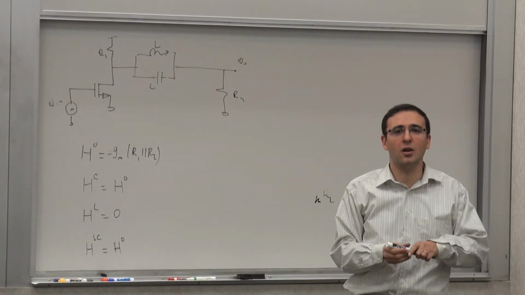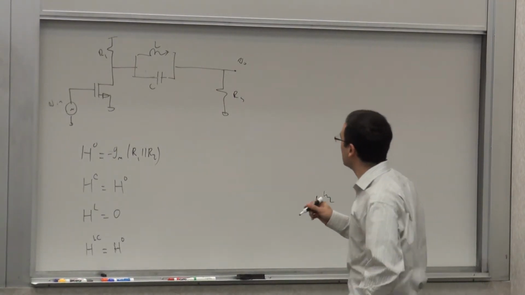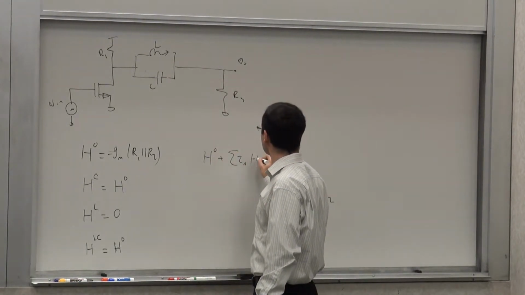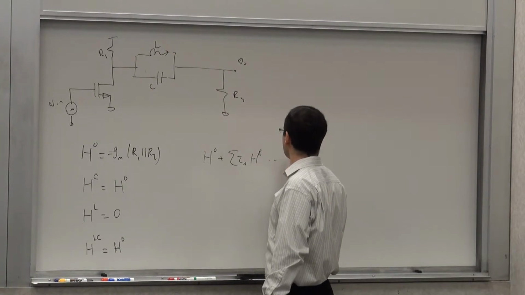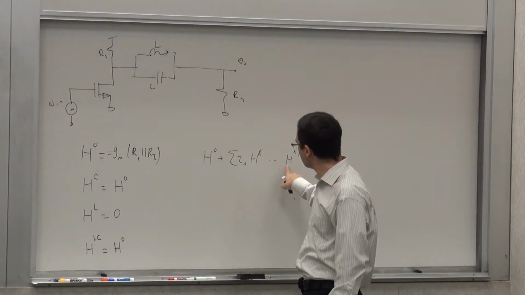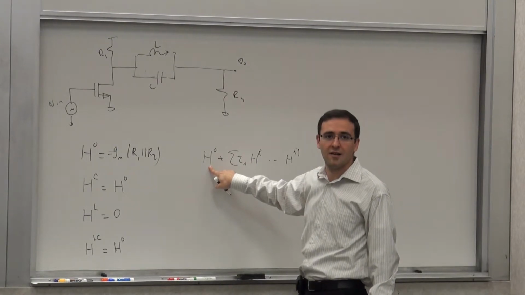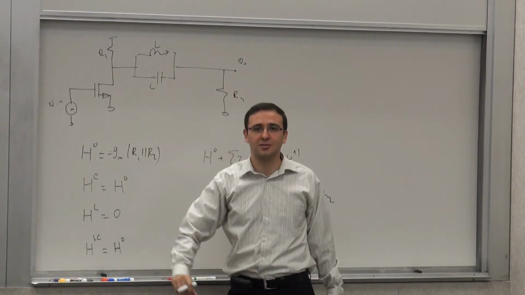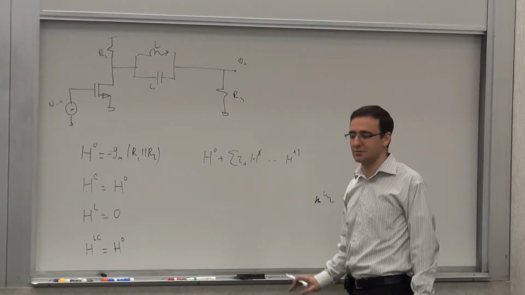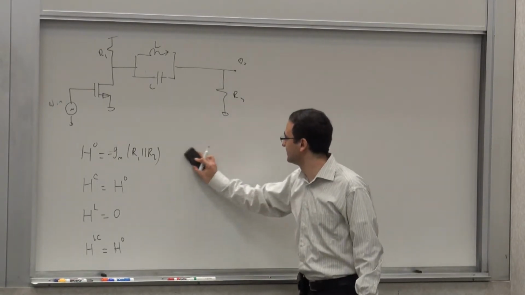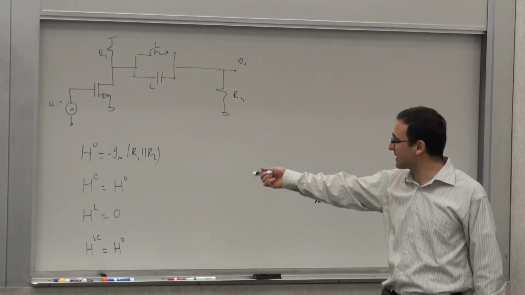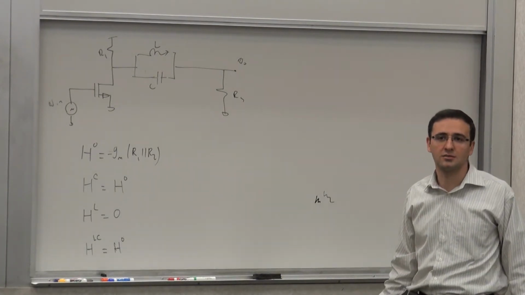Because remember, the numerator looks like some H naught plus some sum of some time constant, some HI's plus some HIJ's, etc., etc. So as much as you can define these in terms of H naught, you can factor all of those out and make it very simple. They won't clutter your numerator. This is a good habit to specify in terms of H naught, if you can.